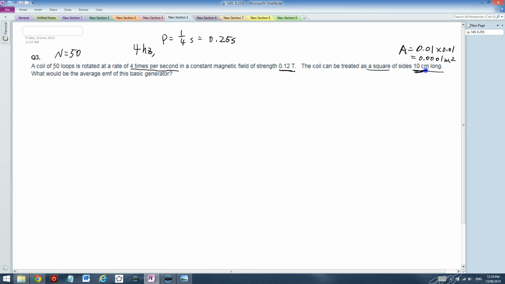Be careful with all those units. So what will be the average EMF? We're going to find the voltage RMS, the average EMF of this basic generator.